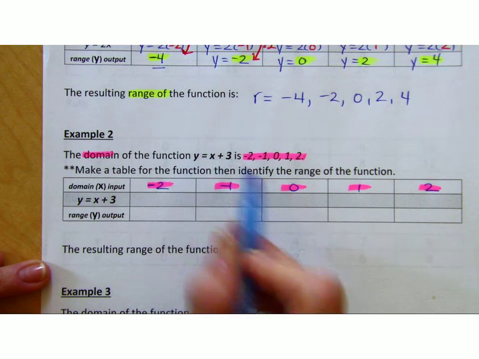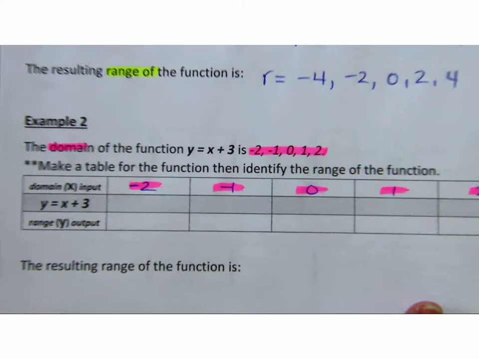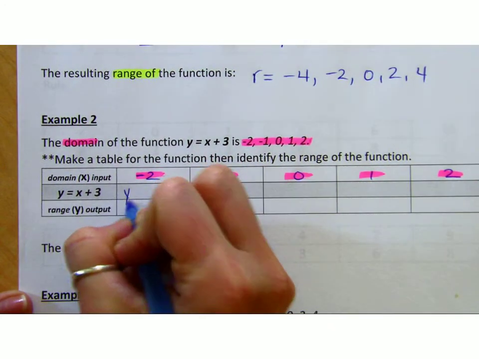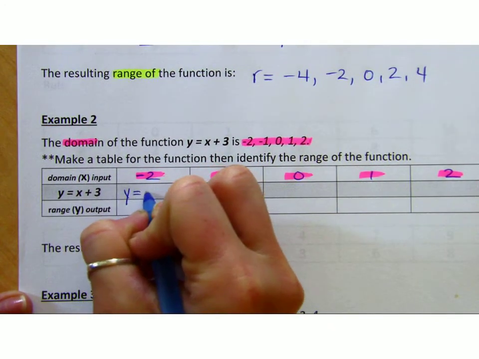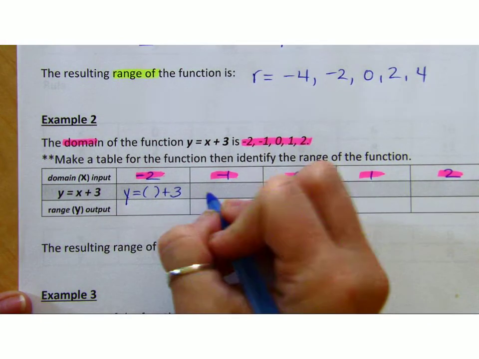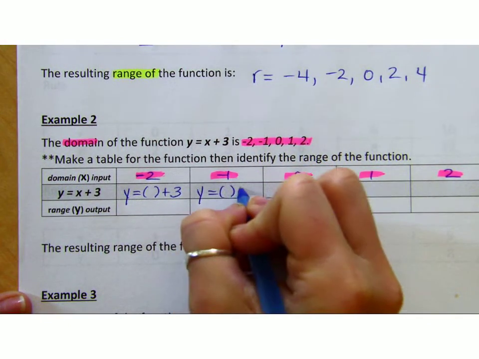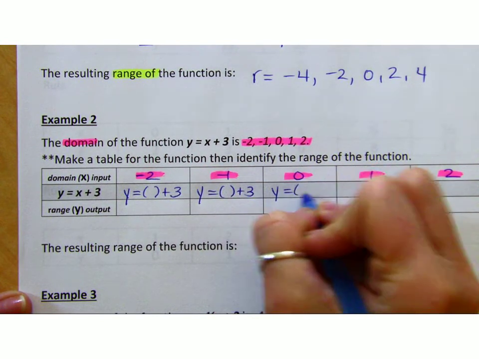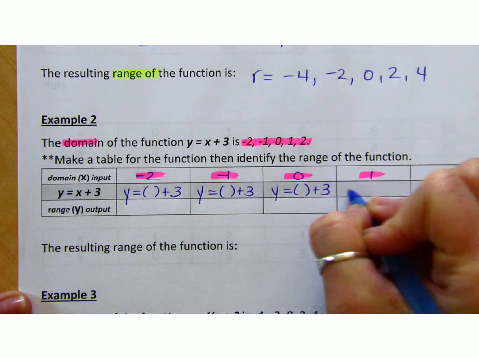I think I have a 5 there. Yep, so go ahead and erase that. So my y value this time is going to be whatever my x value is with 3 added to it. So take your x value, which is -2 and -1, add 3 to it. So go ahead and fill out what your range would be as I'm doing this.